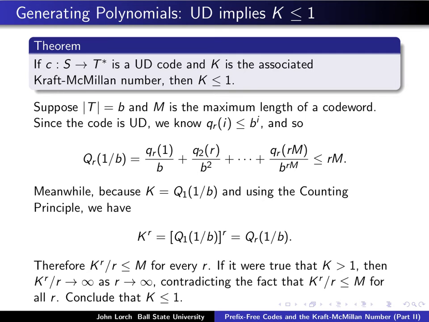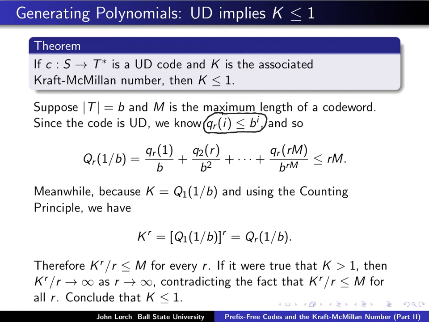Since the code is uniquely decodable, we know that q sub r of i is less than or equal to b to the i. So let's examine this statement for just a moment to see if we believe that. b to the i is the total number of distinct strings in T star of length i. q sub r of i is the number of messages of length r back in S star that are encoded to strings of length i.